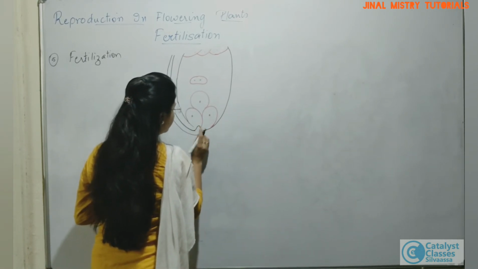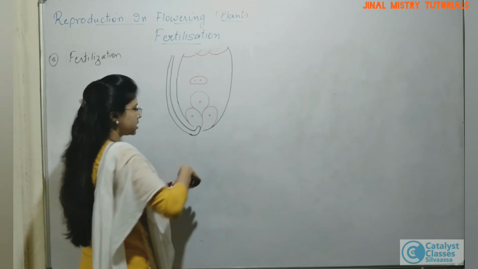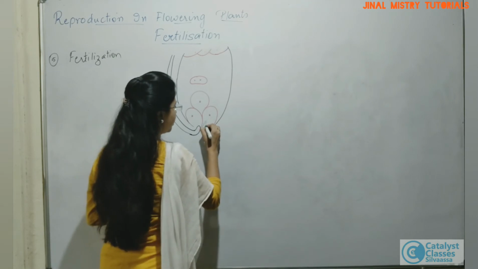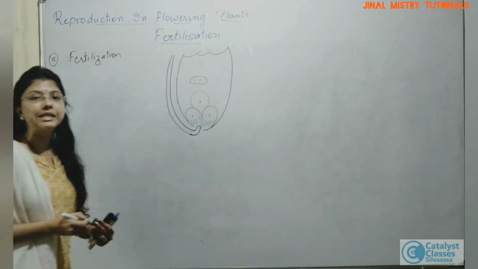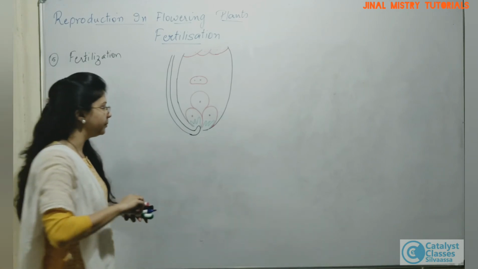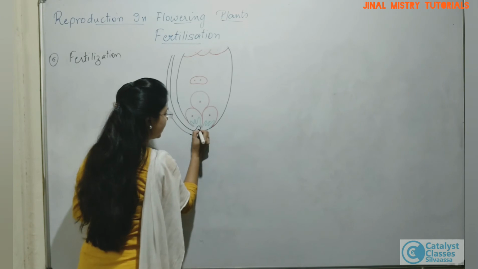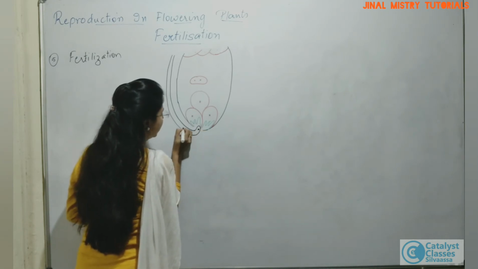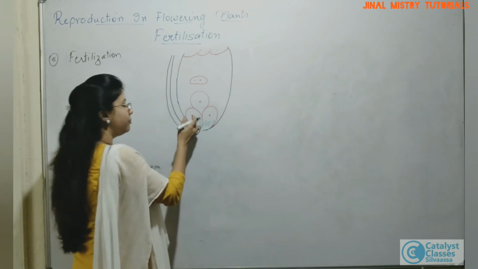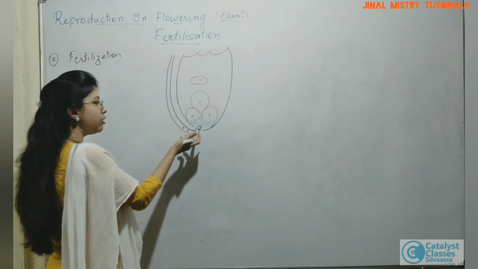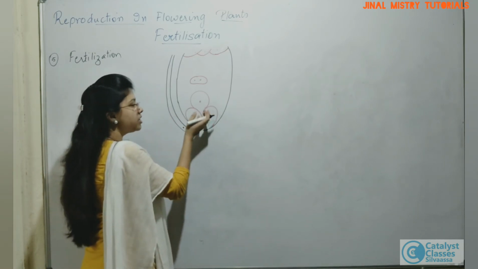And how do they come to know that they have to enter through this part? Because these synergid cells have the filiform apparatus, which releases chemicals and attracts the pollen tube. Here there will be the tube cell, and here will be the male gametes. Now once the pollen tube enters, during the fertilization process, it is going to enter into one of the synergid cells.